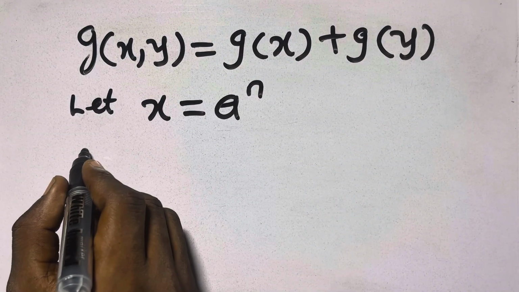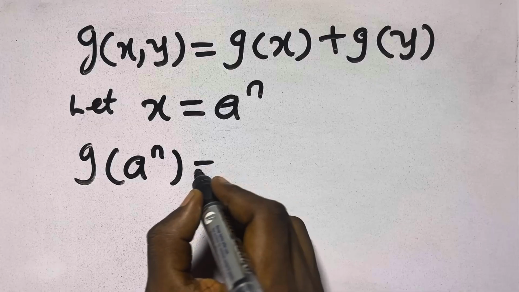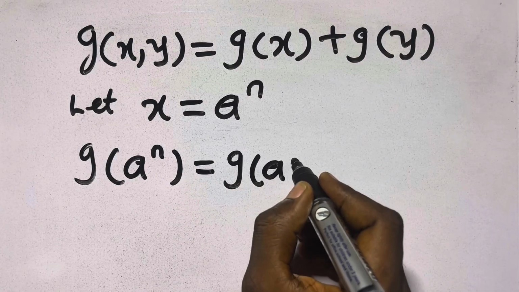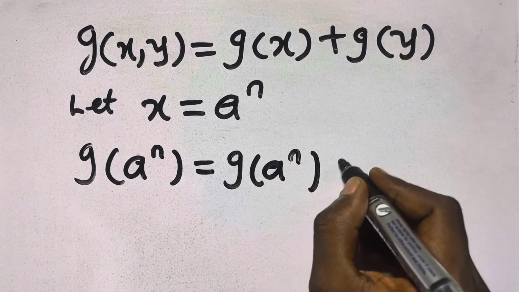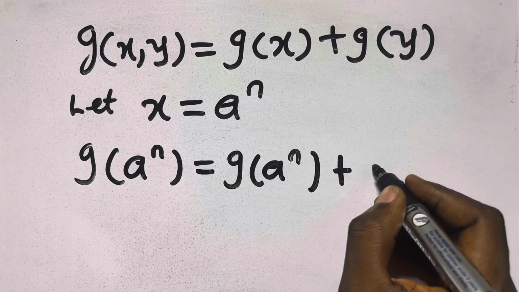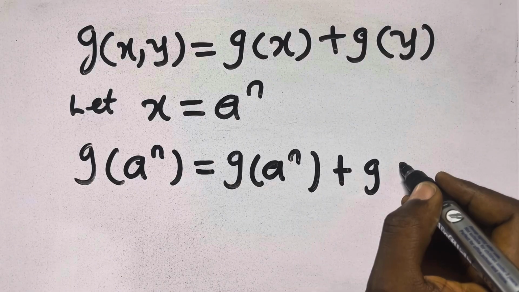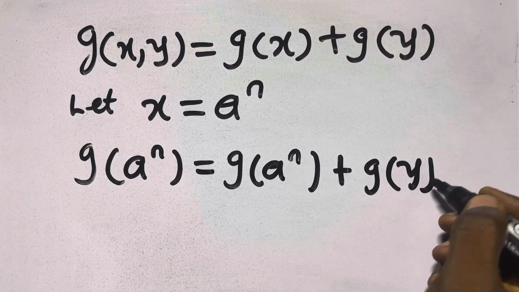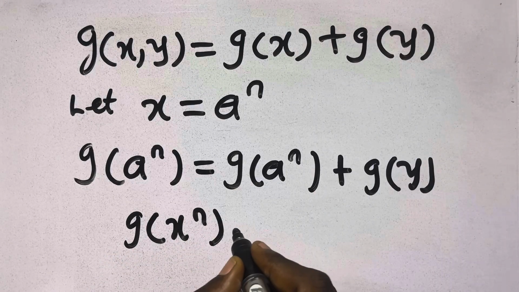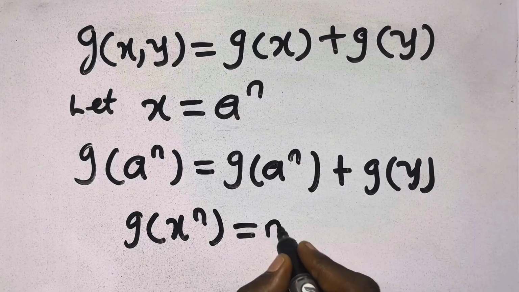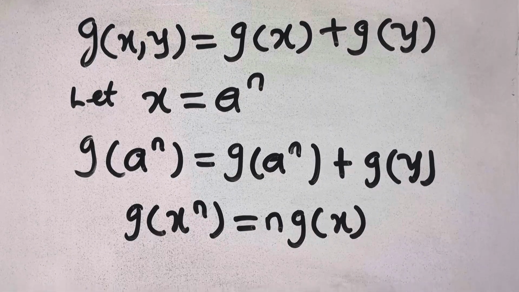So we are going to have g of a raised to power n equals g of a, raised to power n, plus g of y. However, anytime we have g of x raised to power n, we are going to have n times g of x. All right, let's note that.